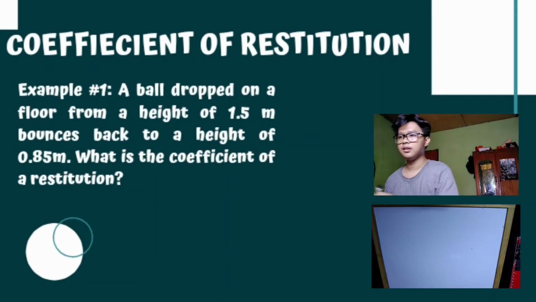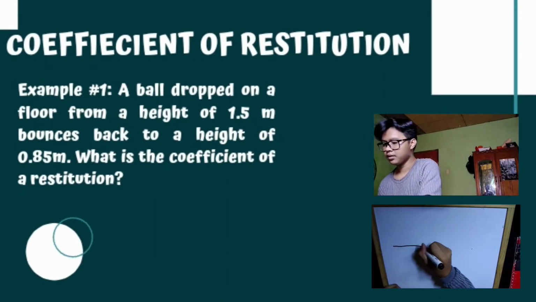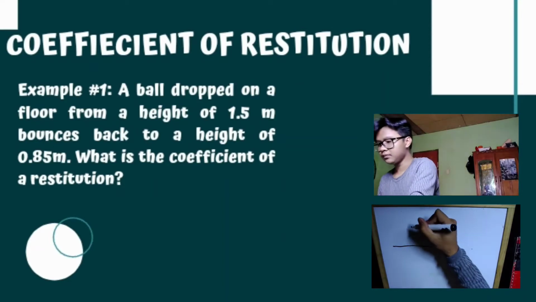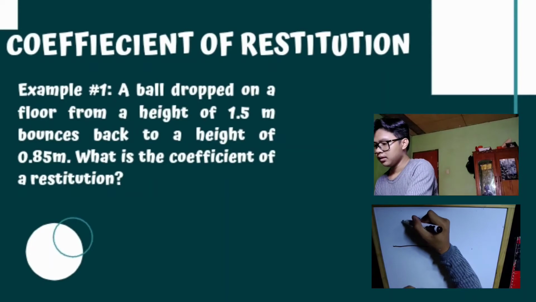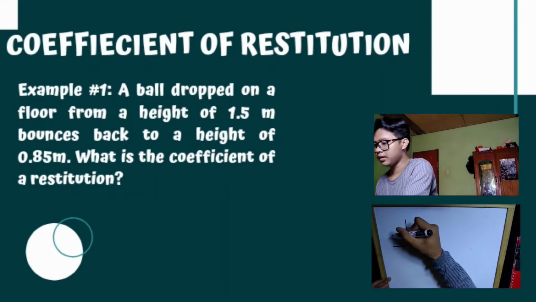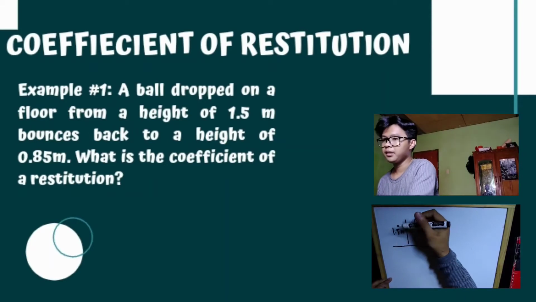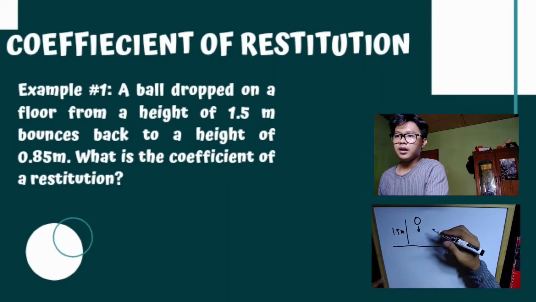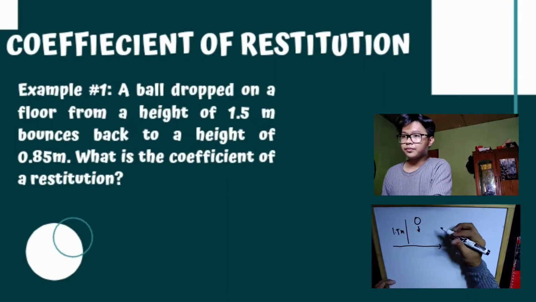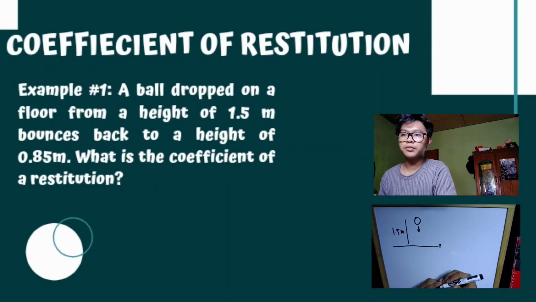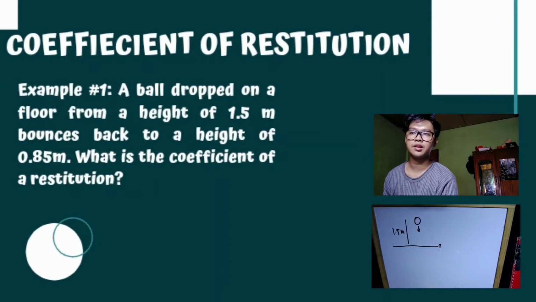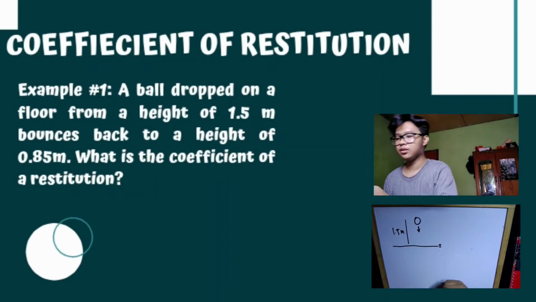So say this is the floor. And this is the ball that goes down. The height of the ball is 1.5 meters. So it drops from the height of 1.5 meters and nag-bounce back siya after collision.